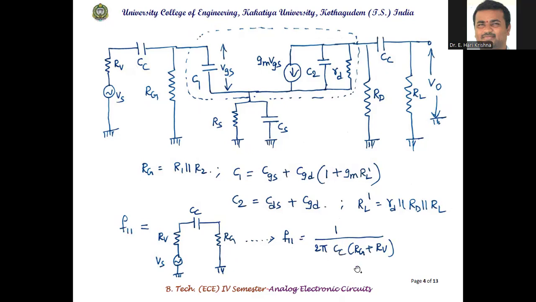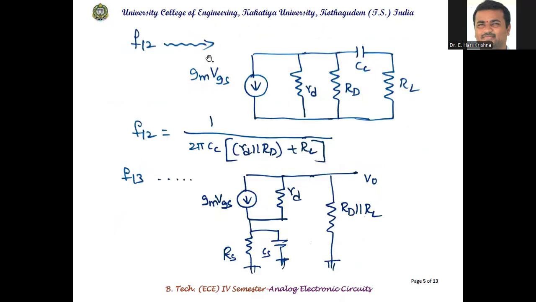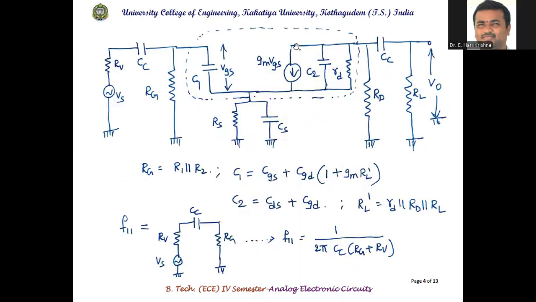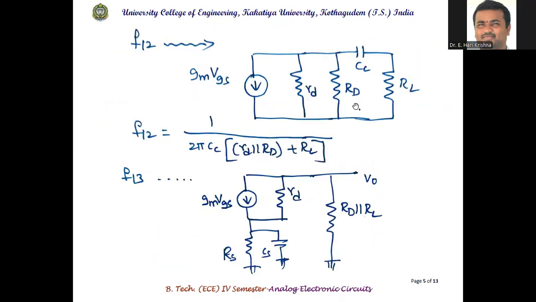Without doing much mathematical calculation, we can also give the equation for the cutoff frequencies. Similarly, F12 is for the output side coupling capacitor. So I'm taking the circuit gm VGS, rd, parallel with the capital RD, then CC and RL.